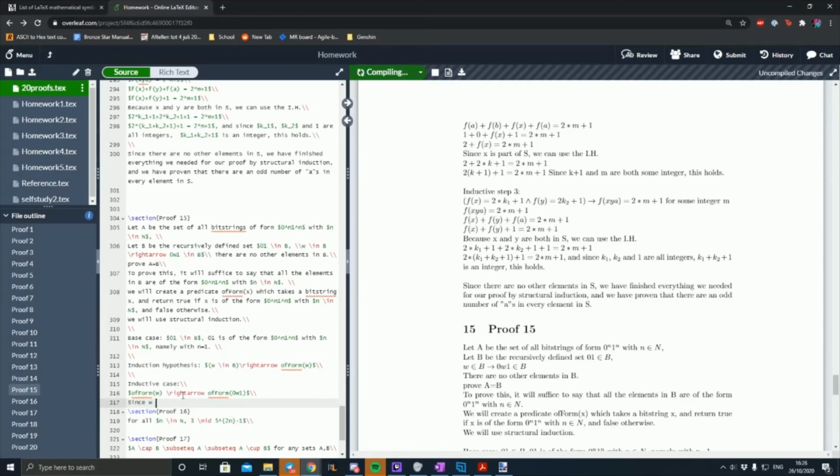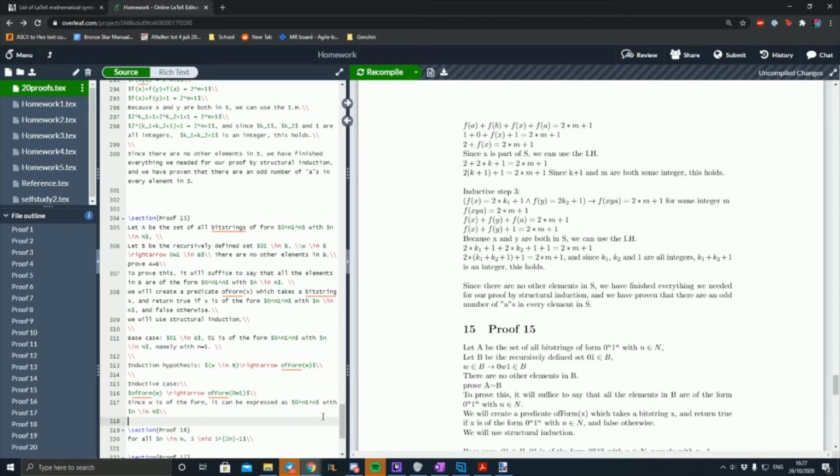Since W is of form, it can be rewritten like that.